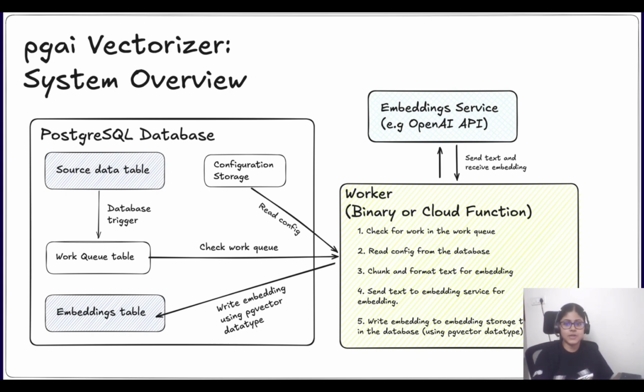It takes care of that portion. So PgAI can automatically create and update embeddings from a source table using work queues and configuration tables housed in your normal PostgreSQL itself. The embeddings are created in an external worker that interacts with the embedding services, say for example OpenAI, or, for instance, an open source library which we'll be looking at and incorporating with PgAI Vectorizer.